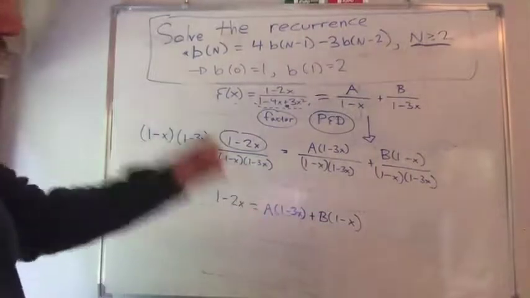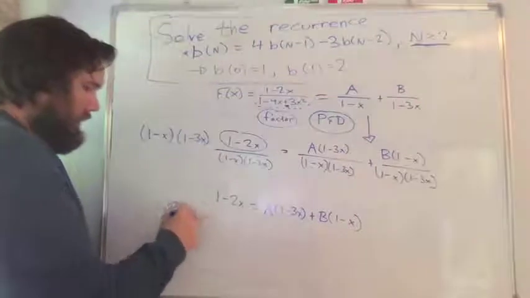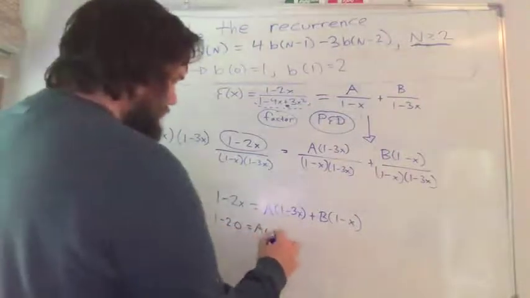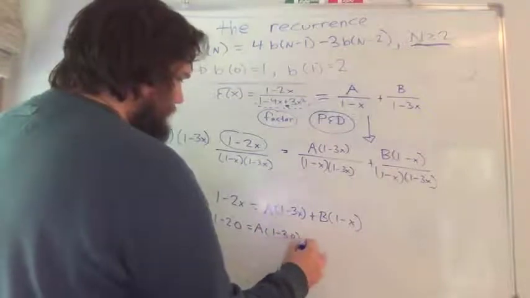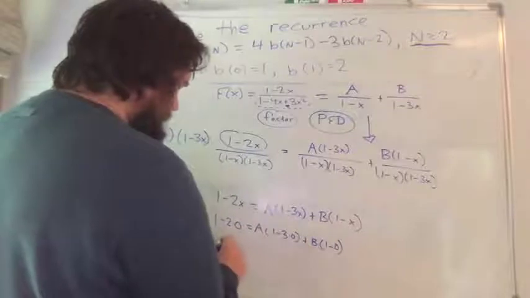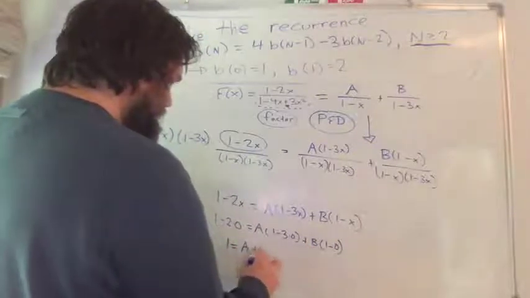So if I plug in x equals 0 here, I get 1 minus 2 times 0 equals a times (1 minus 3 times 0) plus b times (1 minus 0). So I get the equation 1 equals a plus b.